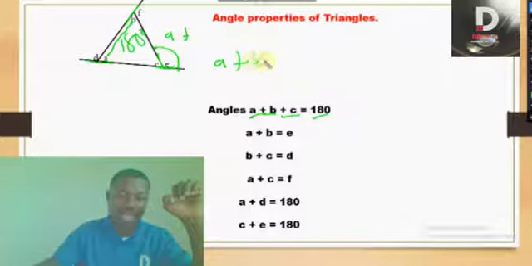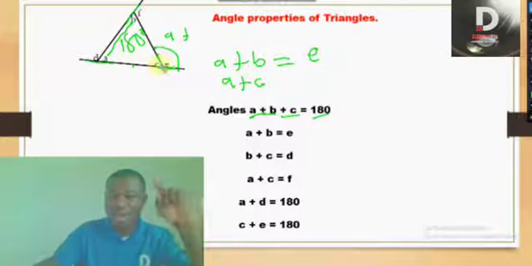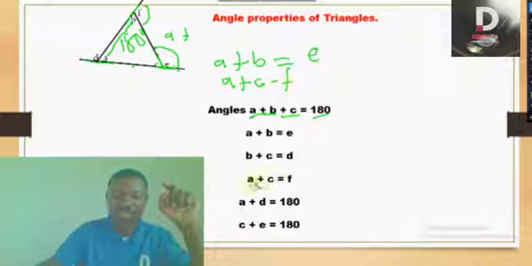So A plus B is equal to E. If I sum A and C, only 2, not all the 3, A plus C must be equal to the exterior angle opposite to it. The exterior is what? F. So equal to F, as indicated here. Do you see that property?